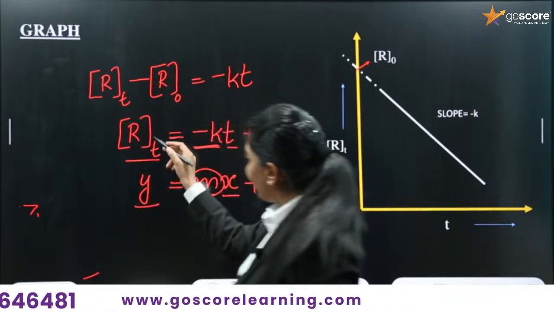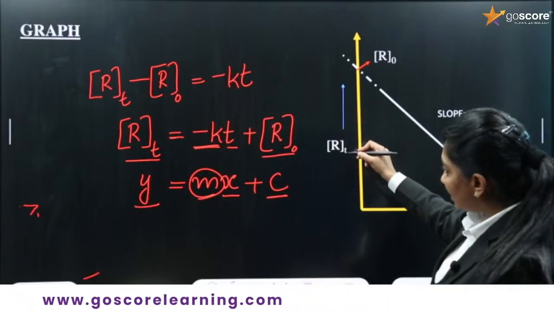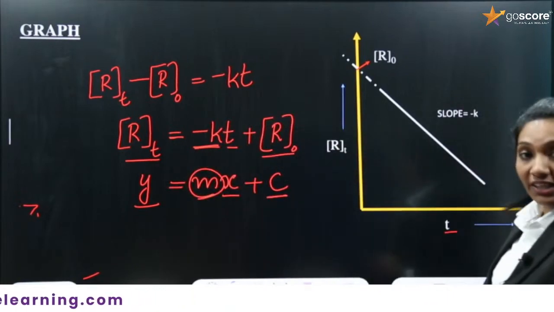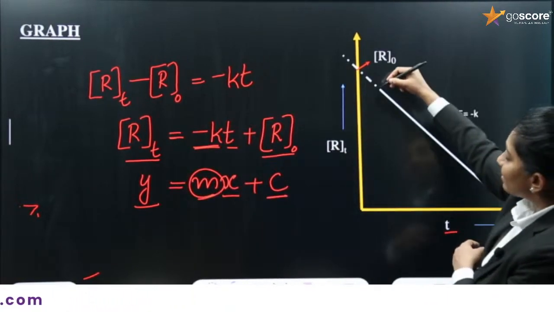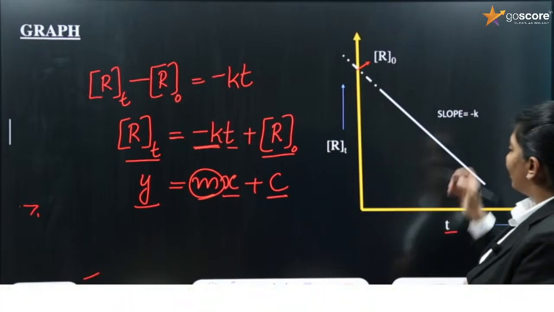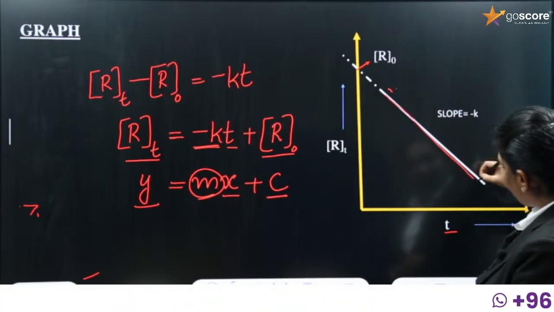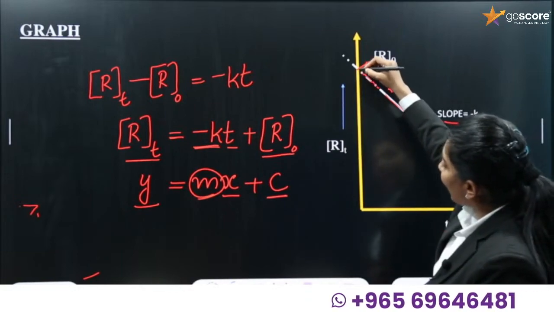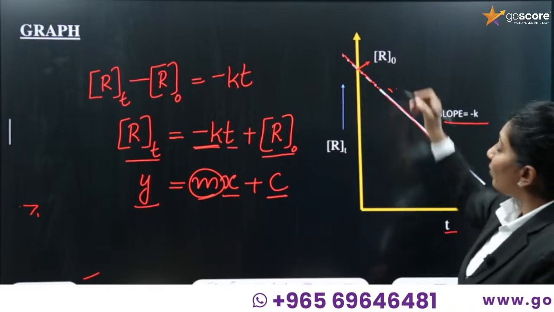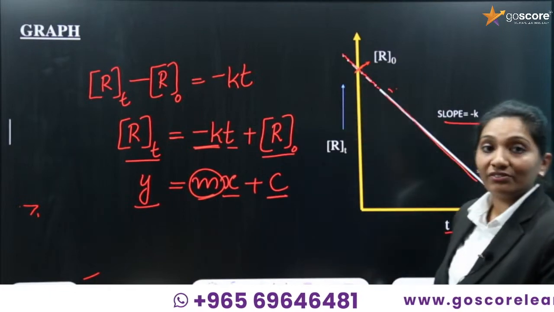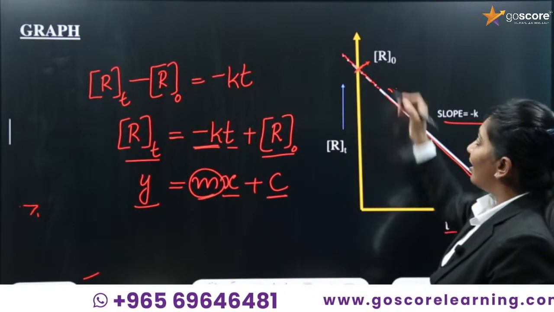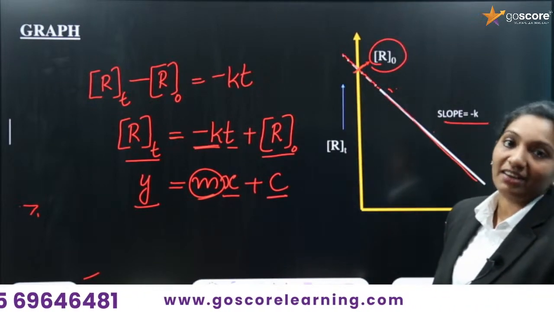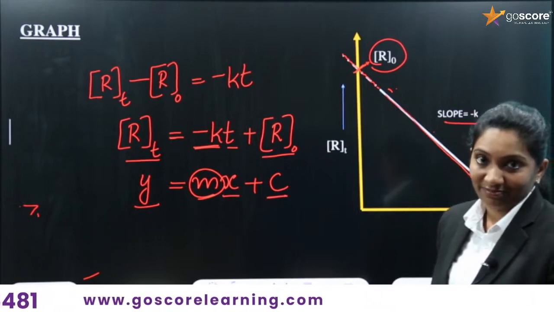So when you take the reactant concentration at time t, Rt, on the y-axis and time t on the x-axis, you will be getting a straight line with negative slope. That is the straight line we are getting with slope minus k. And when you extrapolate this graph to the y-axis, the point where the line coincides with the y-axis is the y-intercept, and that gives the value of initial concentration of reactant, right?